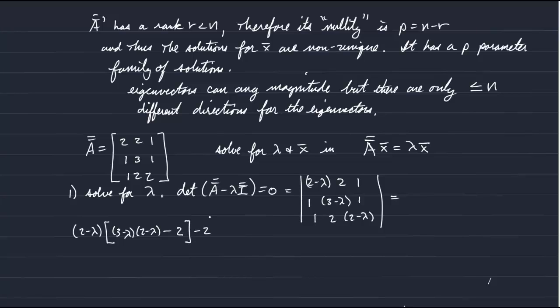And then we have a minus 2, which is this element, and we have to cross this row out and that column out, and we get a 2 minus lambda minus a 1. And then we have a plus 1 times 2 minus 3 minus lambda.